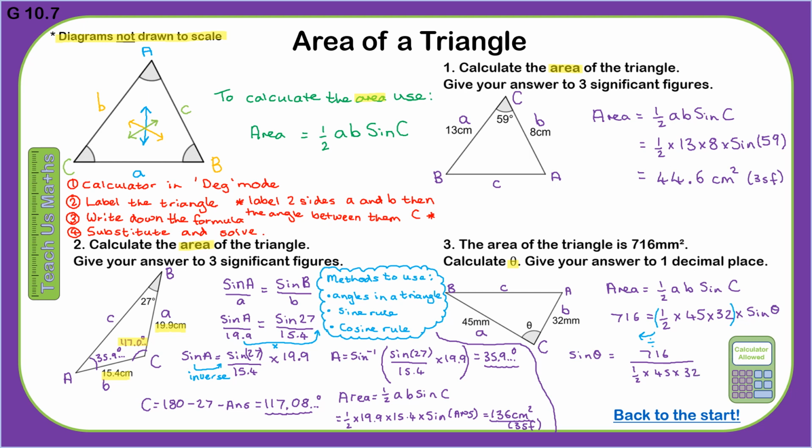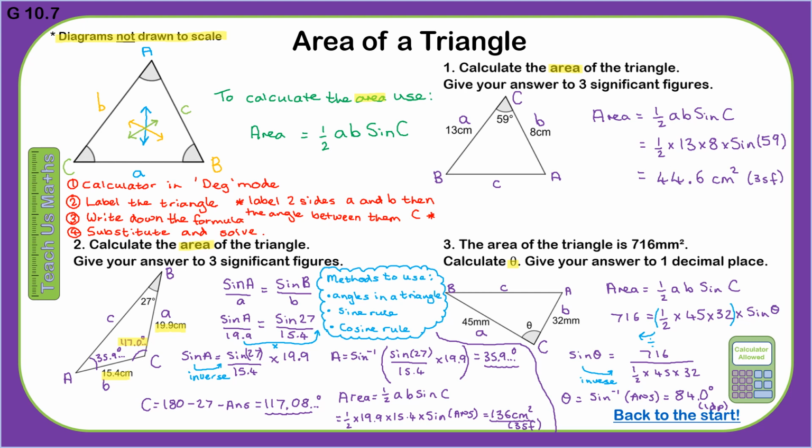So now to find theta, I just need to do the inverse of sine. So theta is equal to sine to the -1 of the answer to 716 all over 1/2 times 45 times 32. And this gives me that the angle theta is equal to, now I've got to round to one decimal place, so it's 84.0, and my units are degrees because I'm calculating an angle, and that's been rounded to one decimal place.